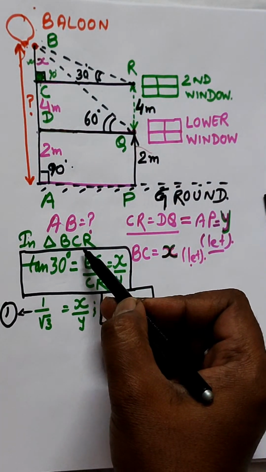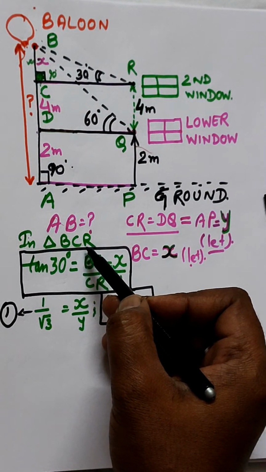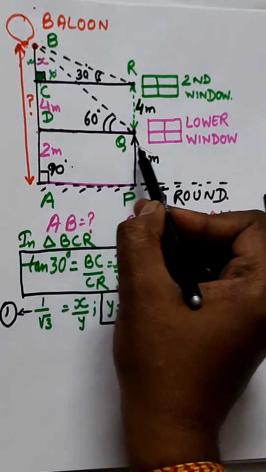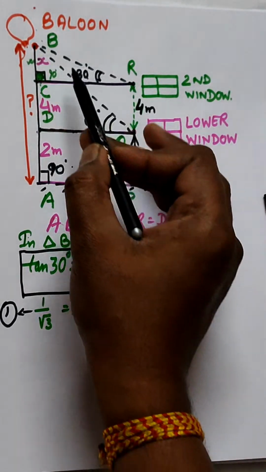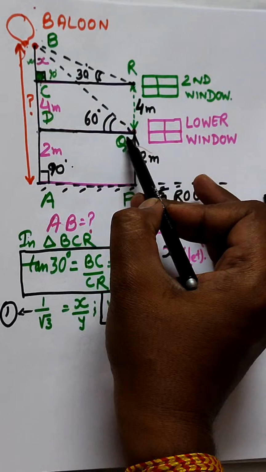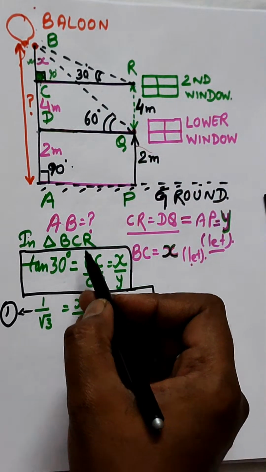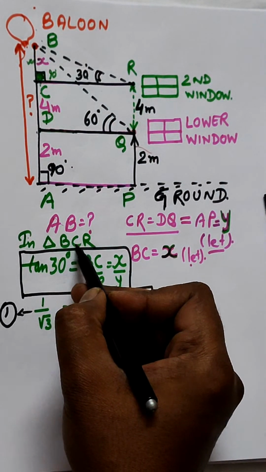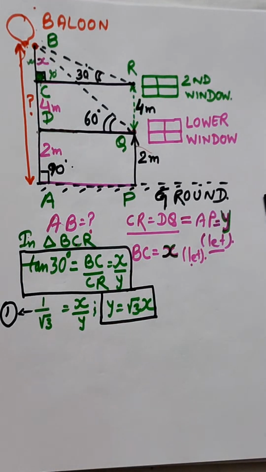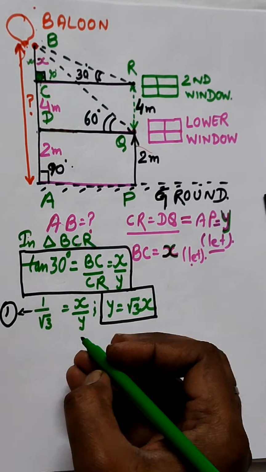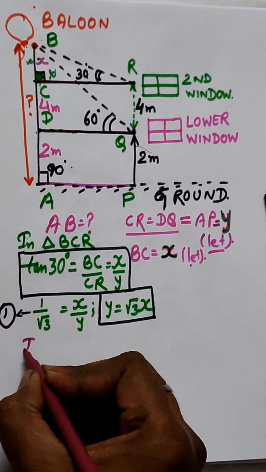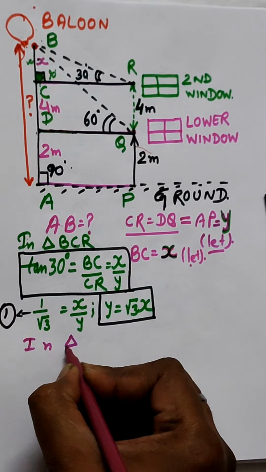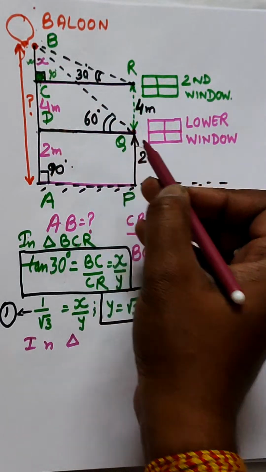This is done. Now come to this triangle, which is forming with the lower window, triangle BDQ. Here in the center I'm writing the right angle, the point where it's right angle. So we can see in triangle BDQ, right?